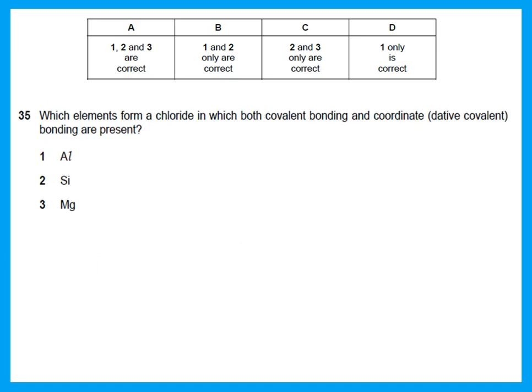Which elements form a chloride in which both covalent and coordinate bondings are present? So I want a chloride that has both covalent and coordinate or dative bonding. Remember, when aluminium forms a chloride, this is the kind of structure that you have.